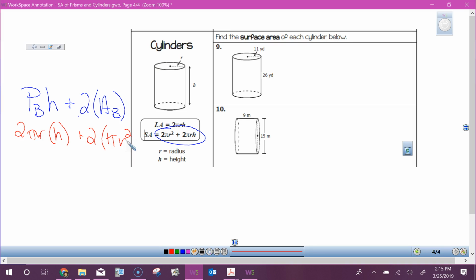Okay, number 9, the perimeter of my circle. What do I do with my radius? No, perimeter of your circle. What do you do with your radius? Times it by 2. What do you get?